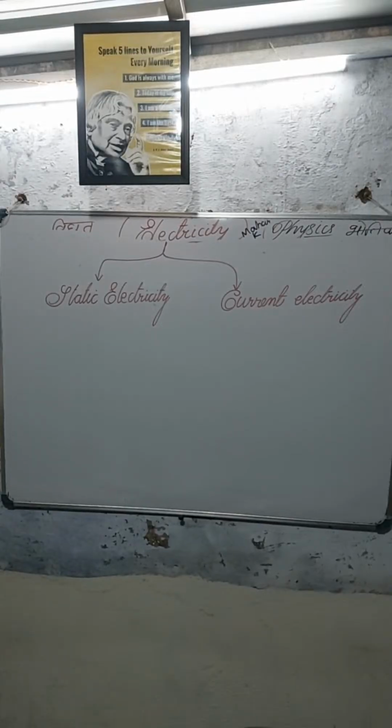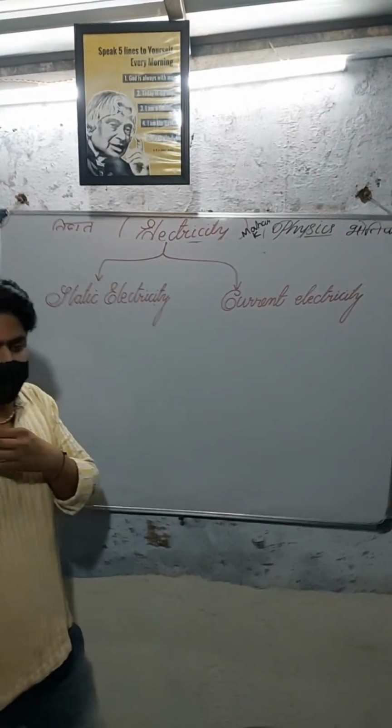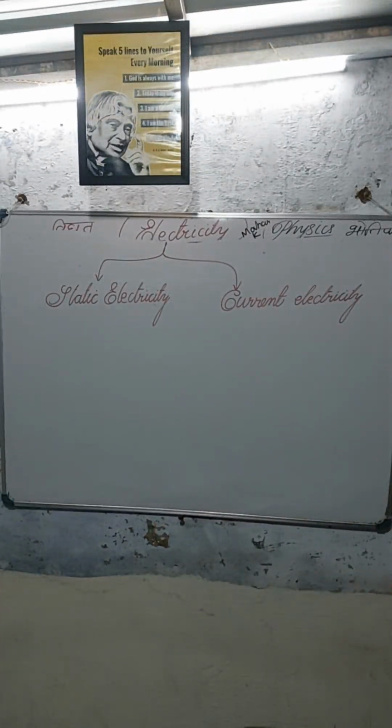Electricity is of two types. How many electrons enter the body during shocking? 1 electron equals minus 1.6 into 10 raised to the power minus 19. Suppose 10 electrons are in your contact. Each of you has a cooler, an electric cooler, a press iron.